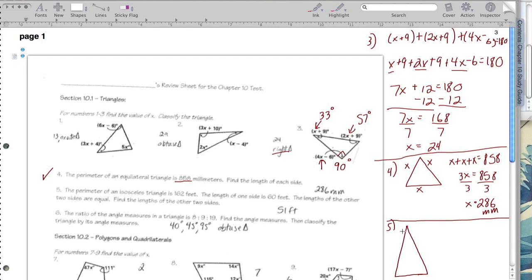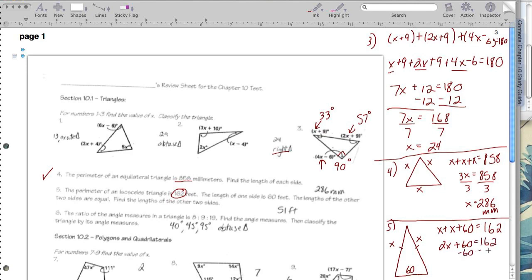The perimeter, when I add up all the sides, is 162. The length of one side is 60. The length of the other two sides are equal. So these two sides are the same, so we can call those x. Now this one is 60, they're telling us, 60 feet. When we add up all of our sides, we should get 162, like they tell us. So I'm going to do that. x plus x plus 60 equals 162. x and x are like terms, so I can add those.